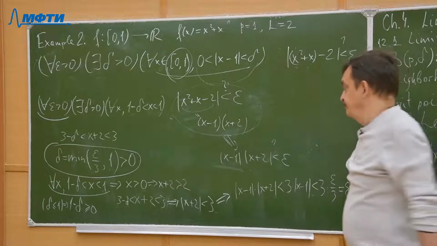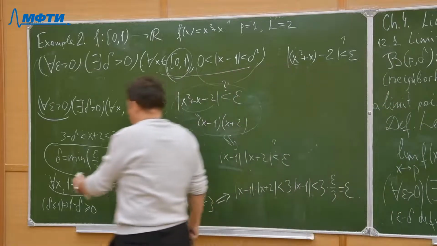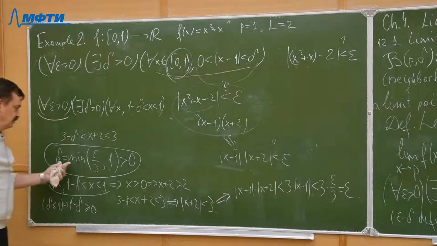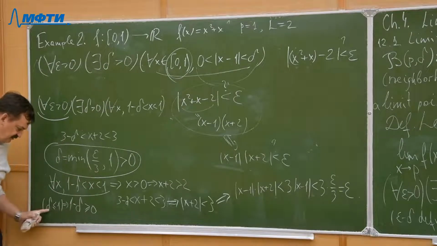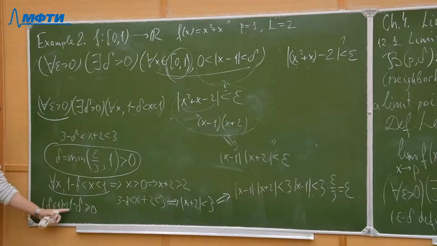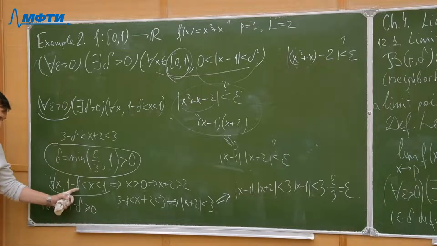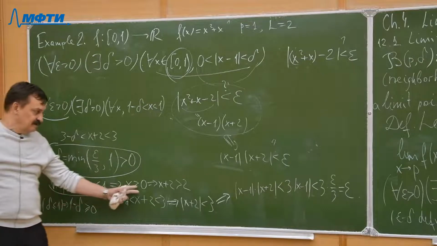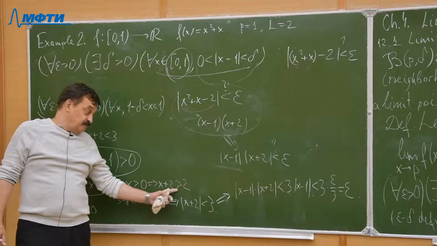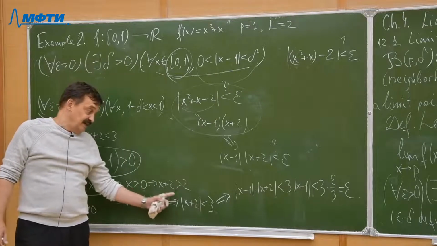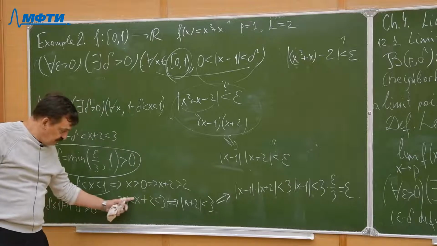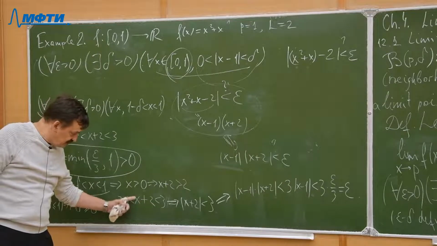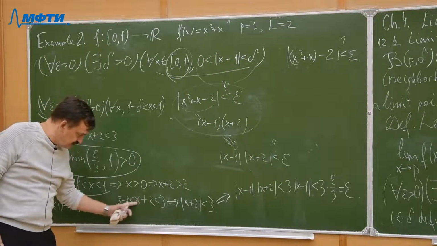Once again, why is delta a minimum? Delta should be simultaneously less than 1, because if delta is less than 1, then 1 minus delta is greater or equal to 0, and we guarantee that x plus 2 cannot be negative, right? So from that inequality, we know x plus 2 is non-negative.